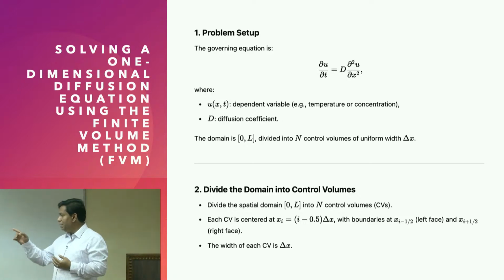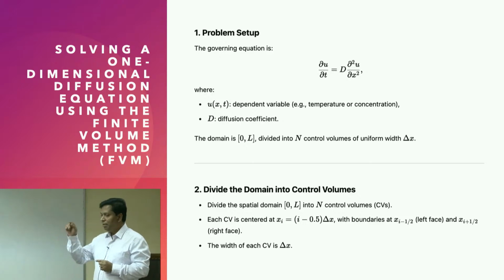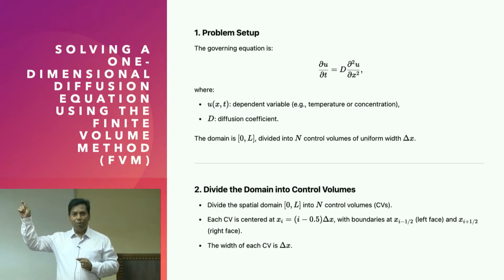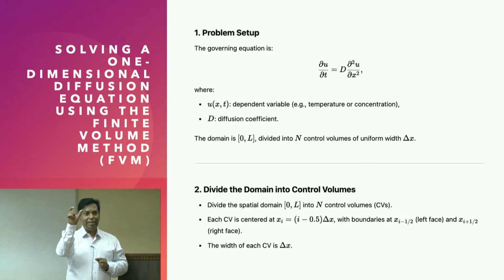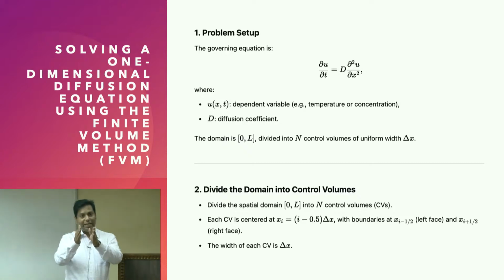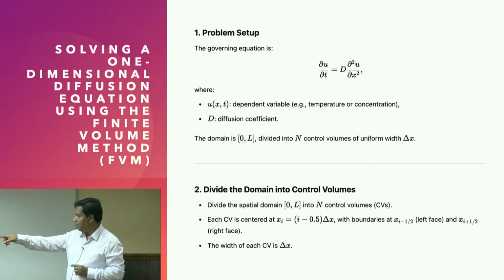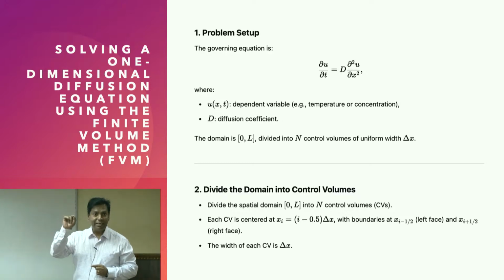Now for each control volume, numbered 1, 2, 3, 4, we want to make the center at i minus 0.5, so that it is in the middle. We put this control volume's center at xi. xi is the center value of each control volume.